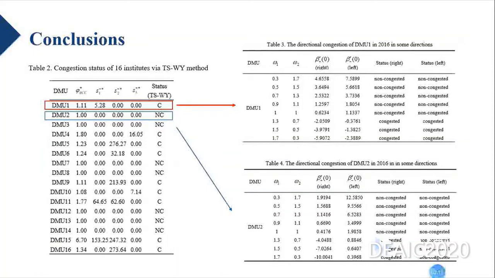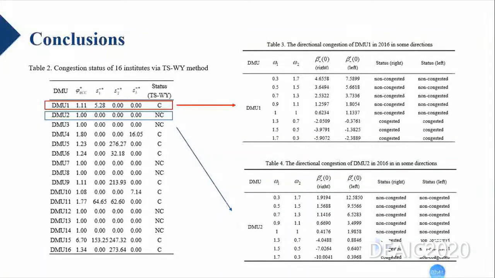Then, from the results of DMU2, no presence of congestion is found by using the TS and WY methods. This result only indicates that there is no left-hand congestion, as observed in column 4 in Table 4. This is the right-hand result provided by our method.